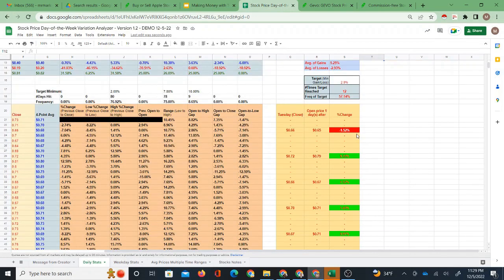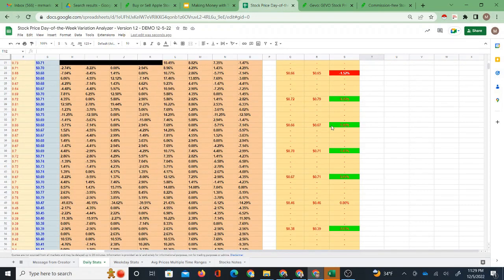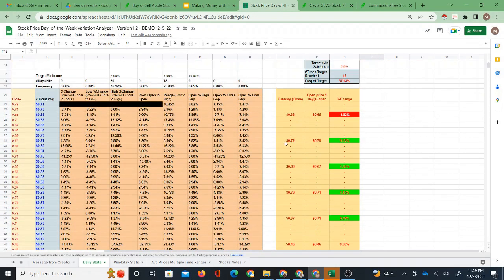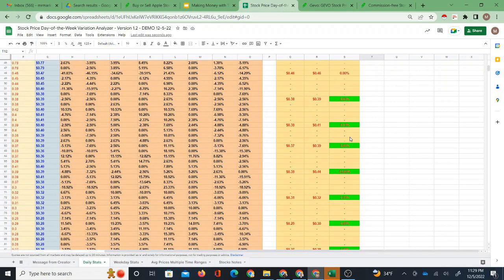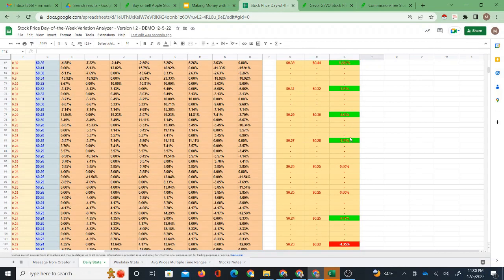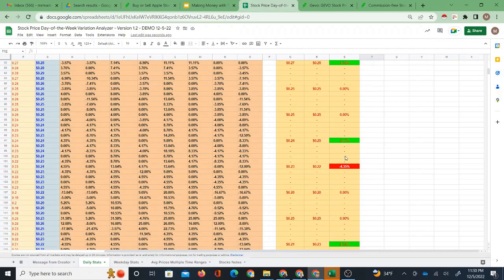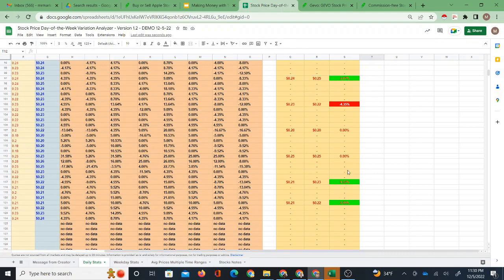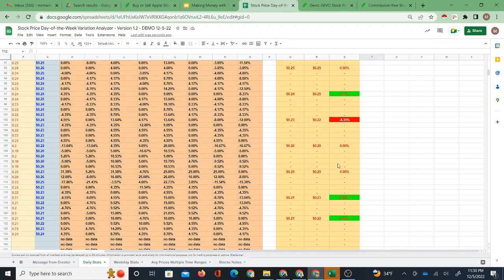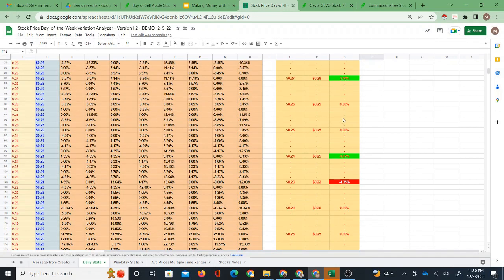When you look at the gaps between these Tuesday closing prices and these Wednesdays, even just browsing, you can see there's a lot more green here than red. The positives come out green, the zeros mean there was no change at all, flat out no change, the greens are positive and the reds are negative.